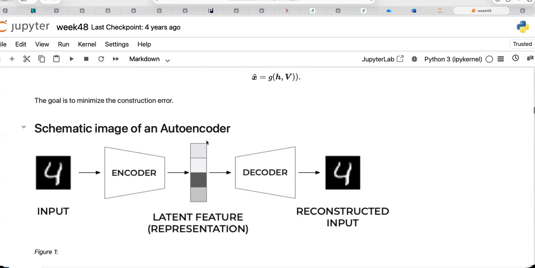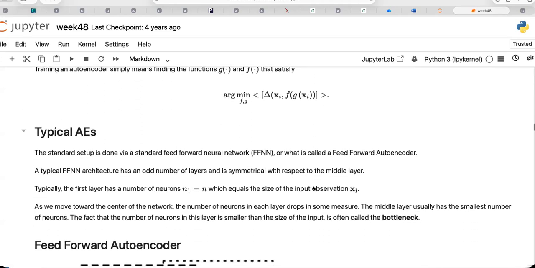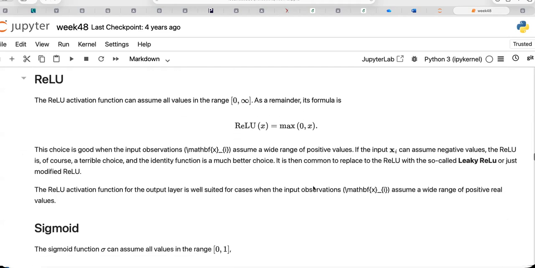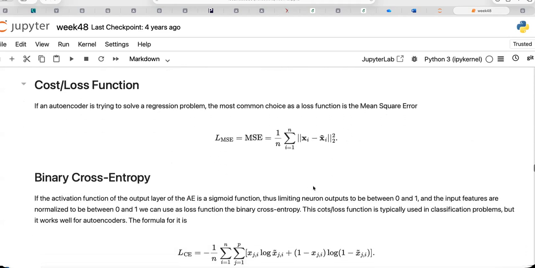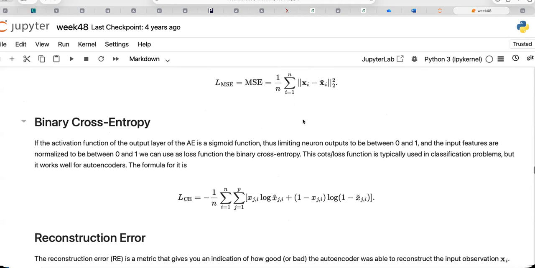With the autoencoders, what you're doing is training a neural network which finds an effective degrees of freedom, an effective space, a latent feature, and then the decoder is trained so that the error which you get, and that is the reconstruction error, which could be the mean square error, or it could be the cross entropy, is as small as possible in the training.